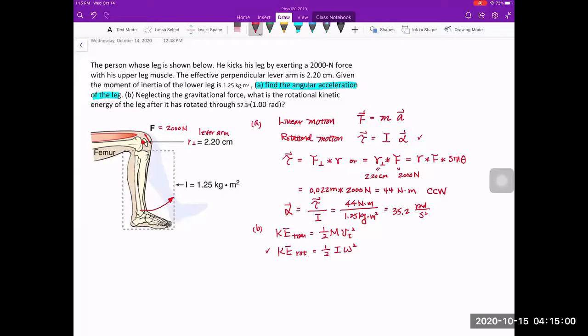Well, when you give a force, the leg starts to have angular acceleration. Let's assume this movement is a constant acceleration motion.